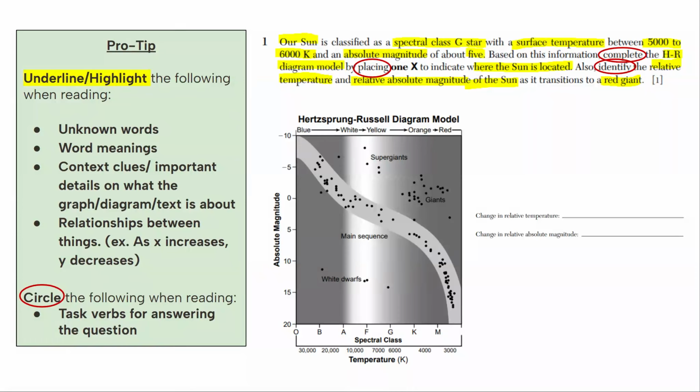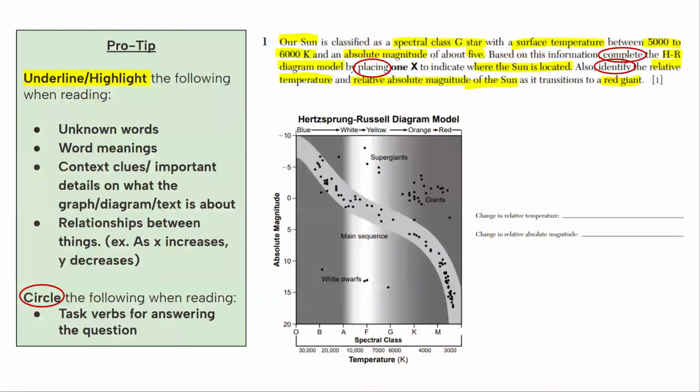And I should know where the sun is located just by looking at these context clues that I highlighted. Also, identify, I'm circling that, the relative temperature and the relative absolute magnitude of the sun as it transitions to a red giant. When it says relative, it means that I need to compare it to a red giant. So, what's going to happen to the sun's temperature and brightness or absolute magnitude as it becomes a red giant, which is somewhere here?